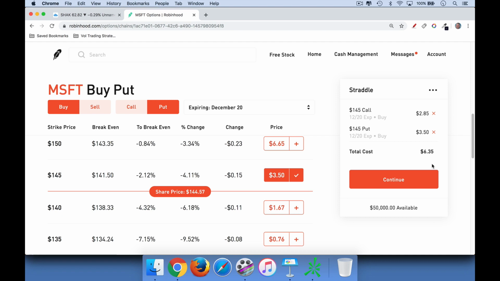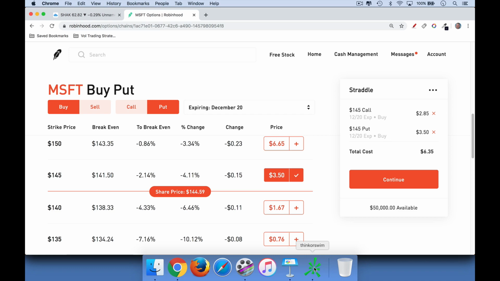And so straddles tend to be more expensive, but they have a higher probability of making money. So these are the two things you have to weigh, and you also have to think how big of a move you're expecting the stock to make.